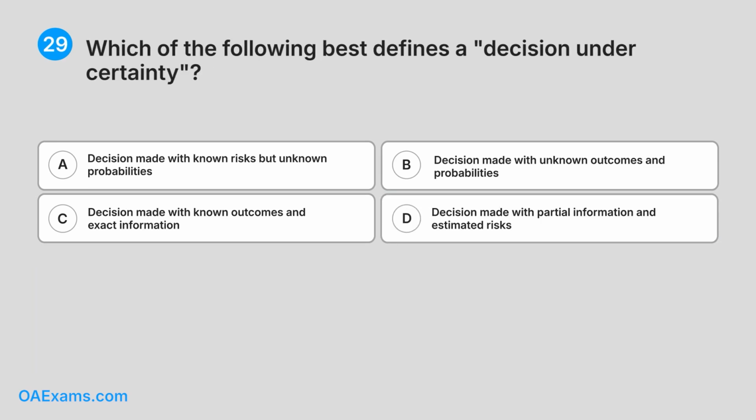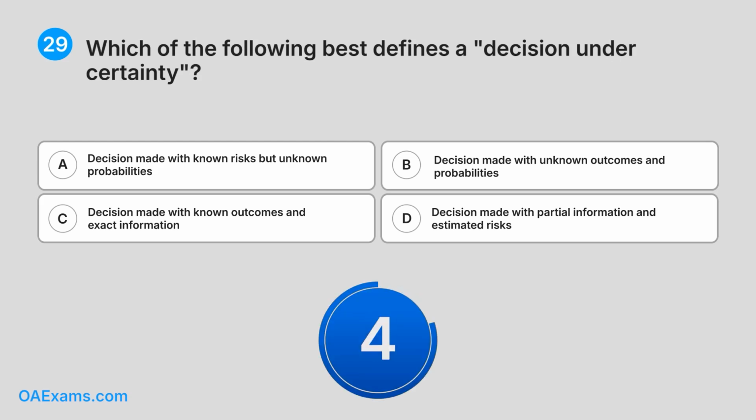29. Which of the following best defines a decision under certainty? A. Decision made with known risks but unknown probabilities. B. Decision made with unknown outcomes and probabilities. C. Decision made with known outcomes and exact information. D. Decision made with partial information and estimated risks.